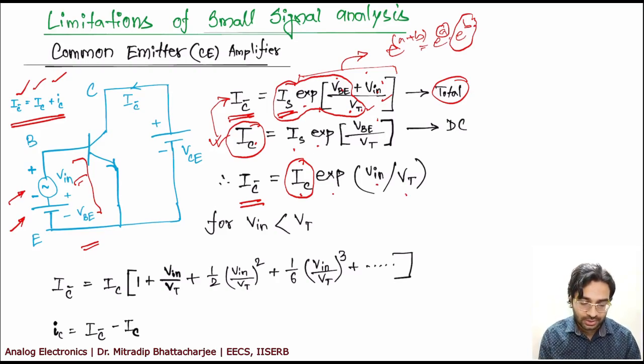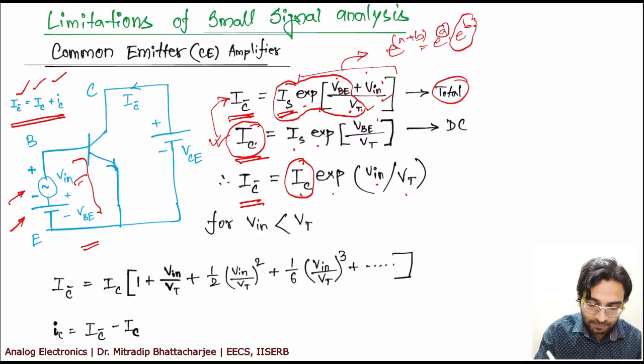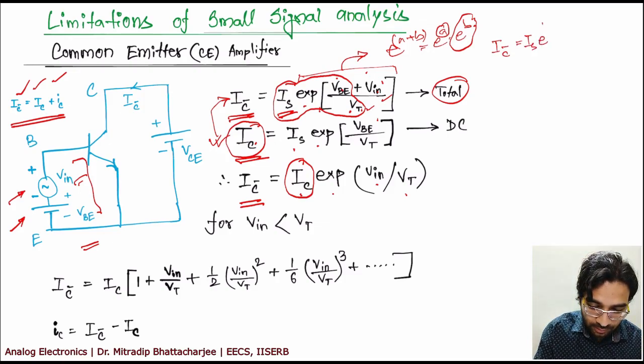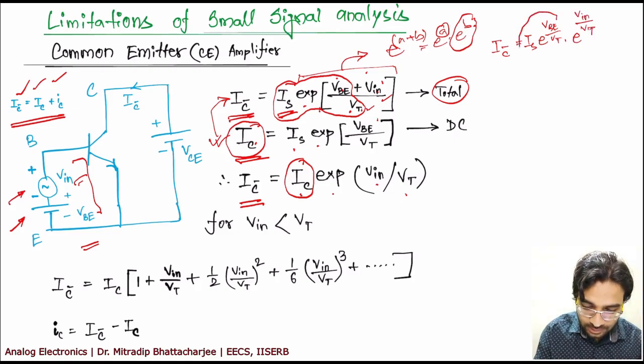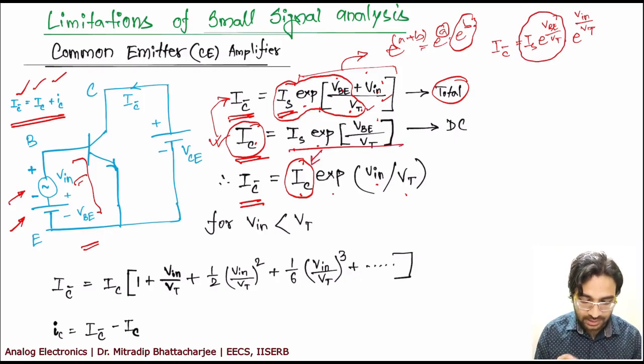You have just replaced this equation in the first one. So you will get, let me make it even more clear, IC dash is equal to Is e to the power VB by VT into e to the power Vin by VT. Now Is e to the power VB by VT is what is IC.